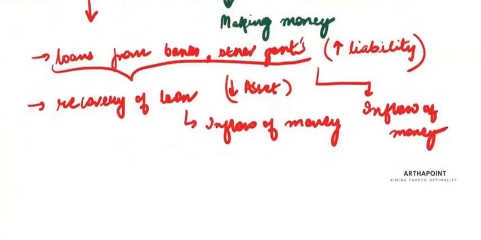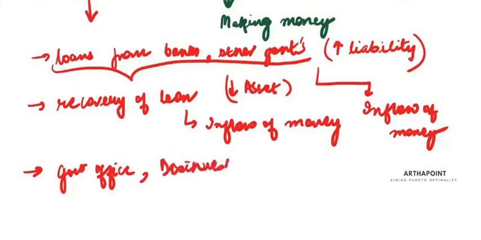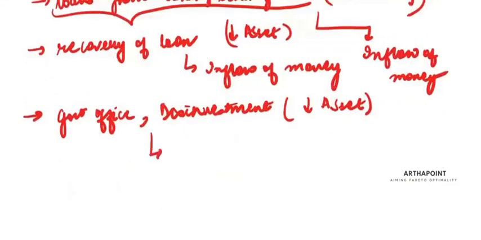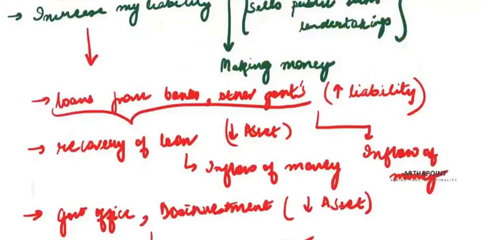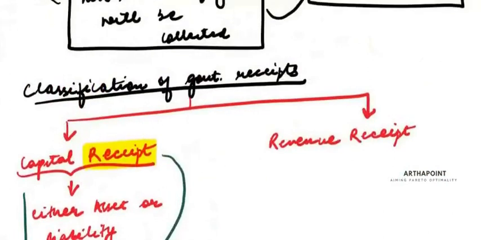Similarly, any other asset reduction, like when you sell a government office, or when you're involved in any kind of disinvestment, you are reducing your investment. All that is leading to a reduction in the asset. But this reduction in asset for now is leading to an inflow of money. Because all of these are related to inflows of the money, they will be categorized as receipts of the government.